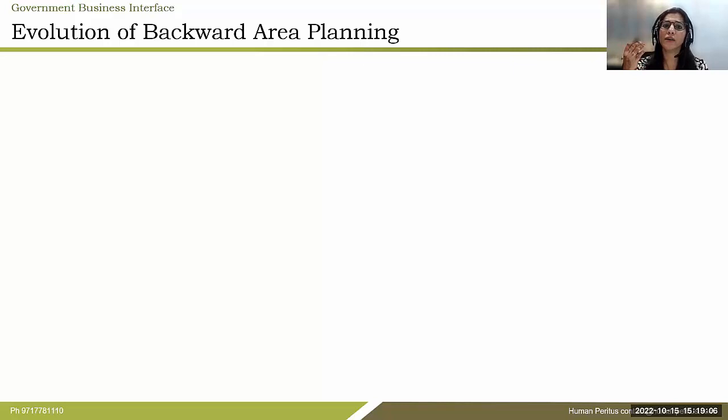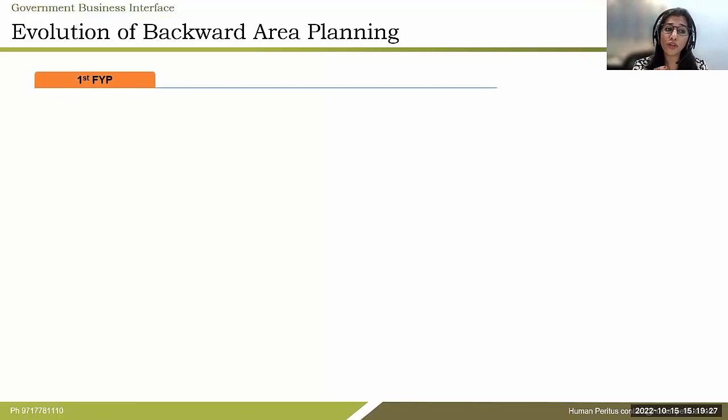In each plan there was something or the other for backward area planning and for balancing regional imbalances. One by one we will look at the various initiatives taken in various plans.